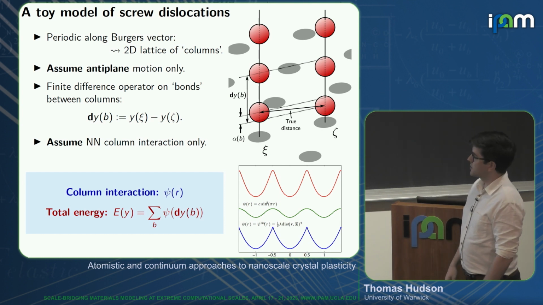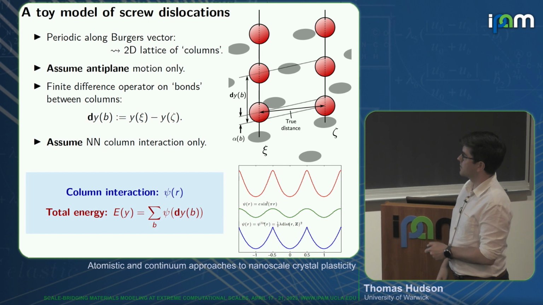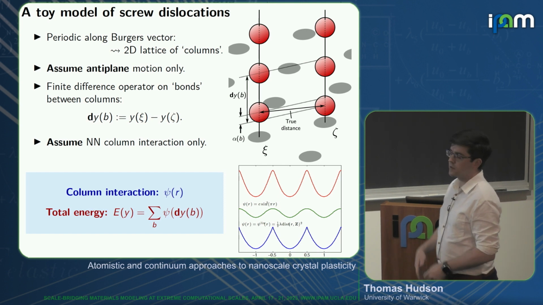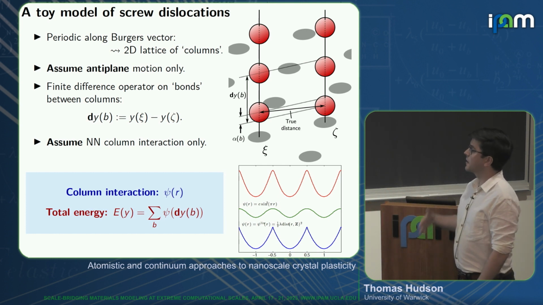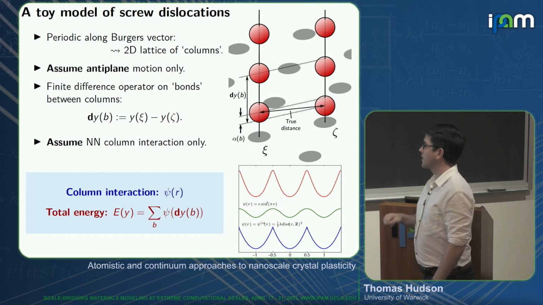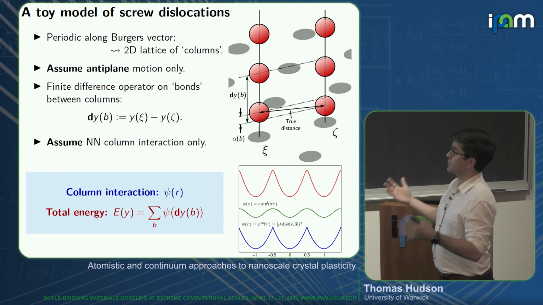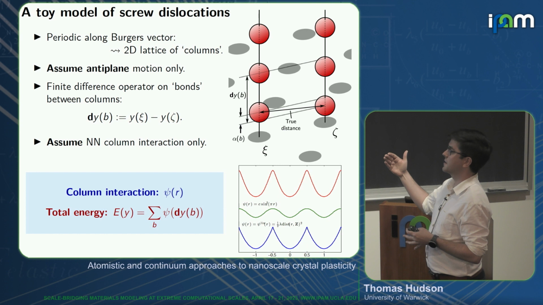So then what I'm going to assume is that there's some periodic interaction between columns. So I have some potential of interaction, which is a bit like, if you're familiar with it, a Peierls-Nabarro model. This is very similar. I have a periodic potential that should be minimized when I'm in the reference lattice, and when I go away from the reference lattice, I should increase in energy, right?